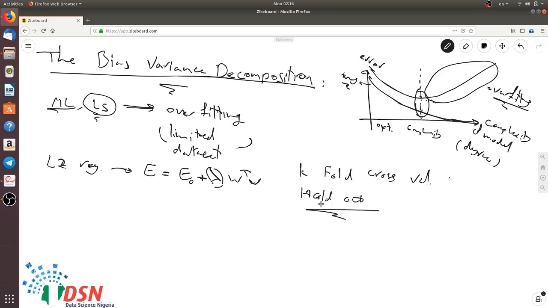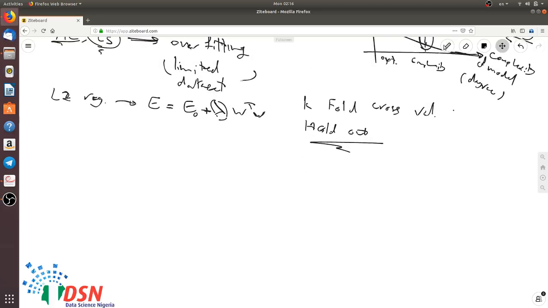So we want to derive another way of determining lambda automatically. But before that, let us introduce some terms.